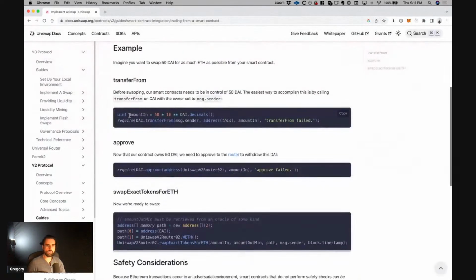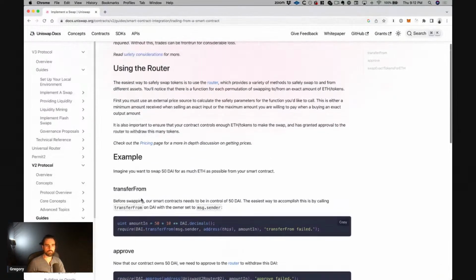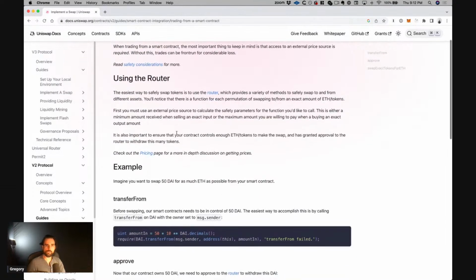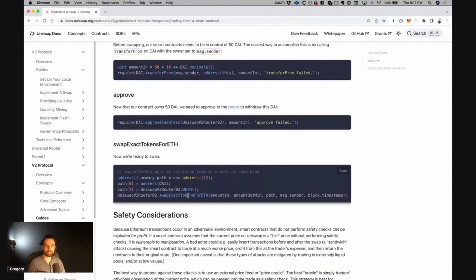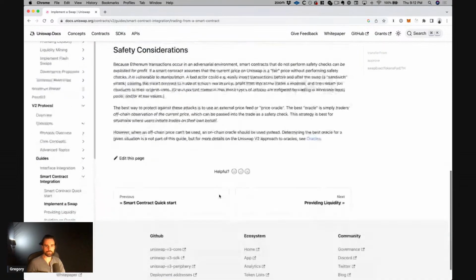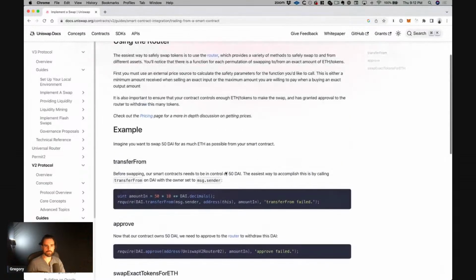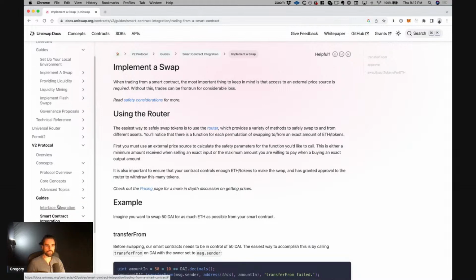Yeah, swapExactTokensForETH. There's also a function called swapExactTokensForTokens, which you can see in the more advanced version of the documentation. But basically, if you just look for the docs, V2, let's just see.